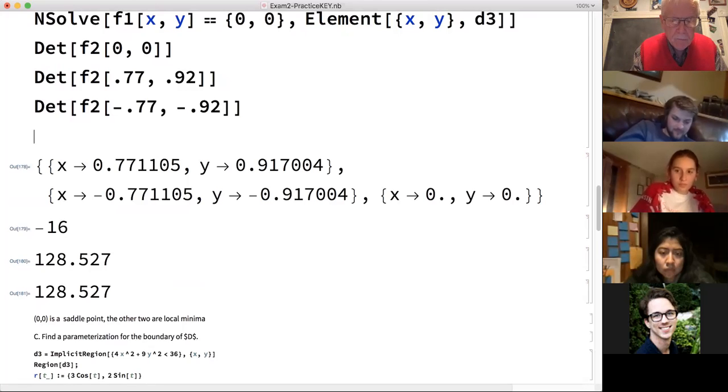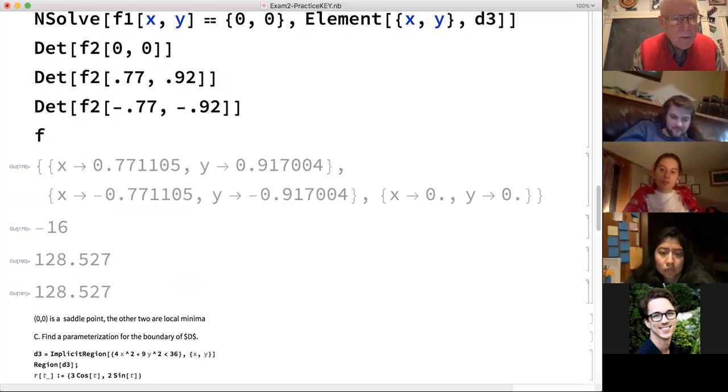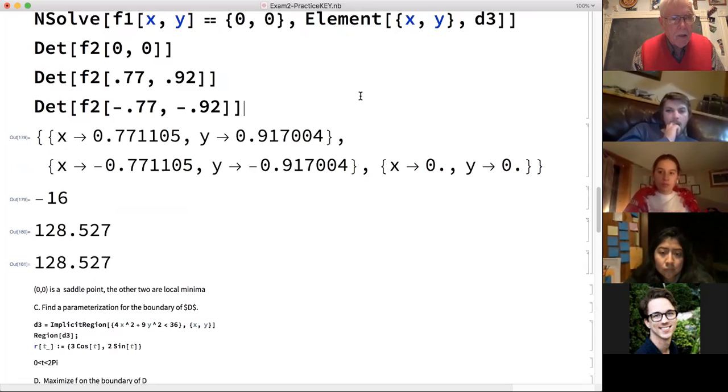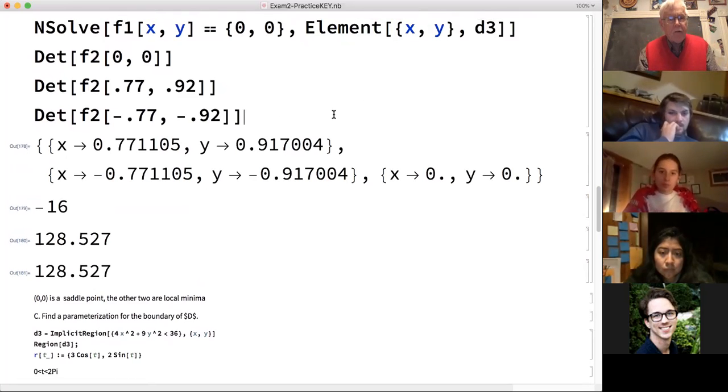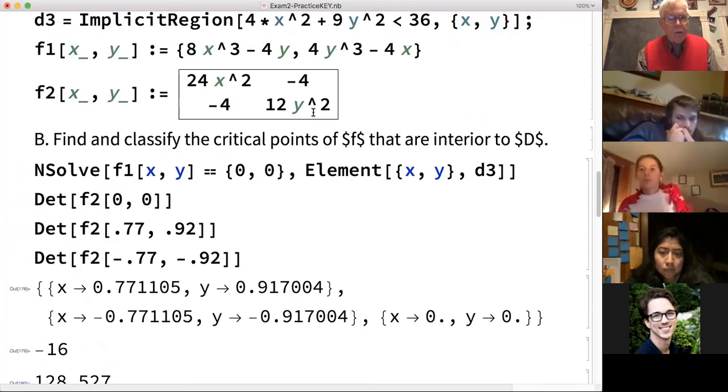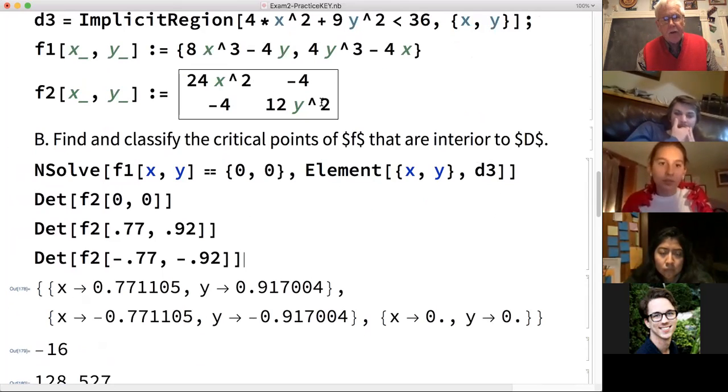Actually, we want to look at either fxx or fyy. So 24x squared, and these are the concavity terms.